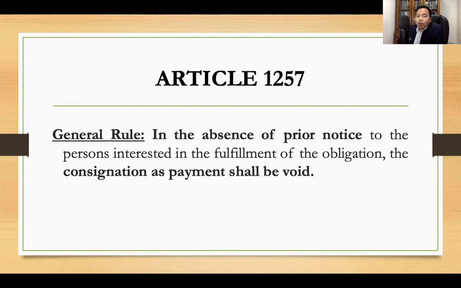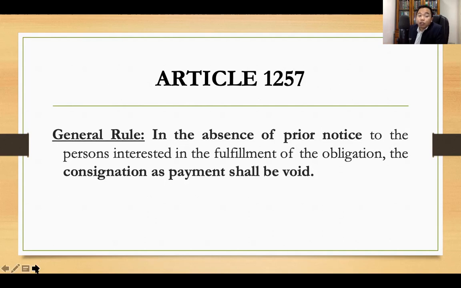Now let us go to Article 1257. In the absence of prior notice to the persons interested in the fulfillment of the obligation, the consignation as payment shall be void. So class, take note na, if there has been no prior notice, then the consignation shall be void. Obviously, because the requisites have not been complied with. Diba?